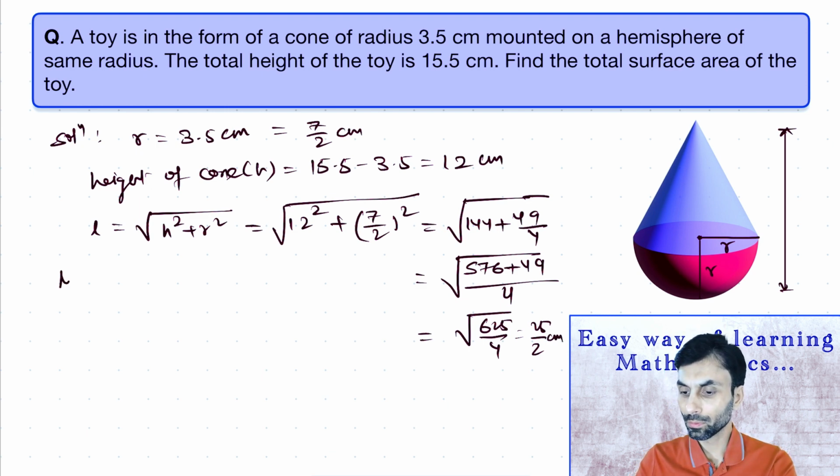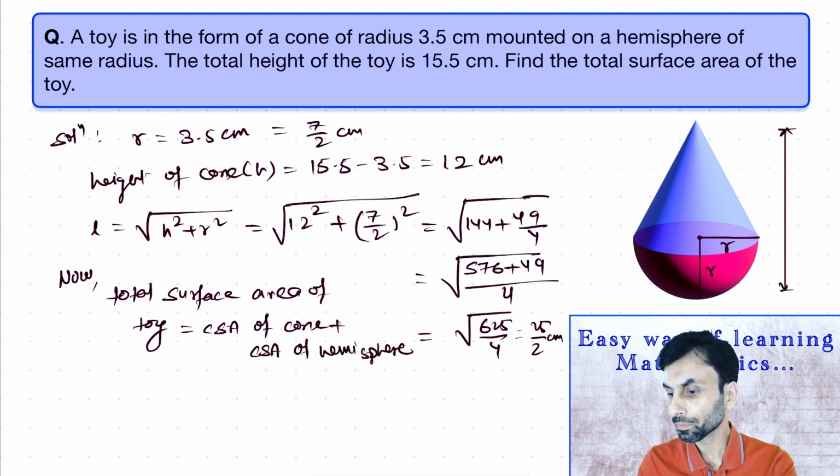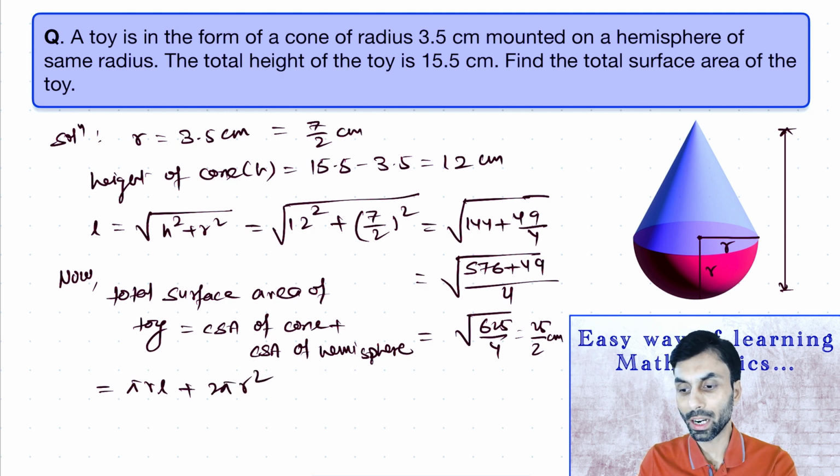Now, the surface area of the toy, so we can write total surface area of toy, that will be curved surface area of cone plus curved surface area of hemisphere, which will be pi r L plus 2 pi r square.